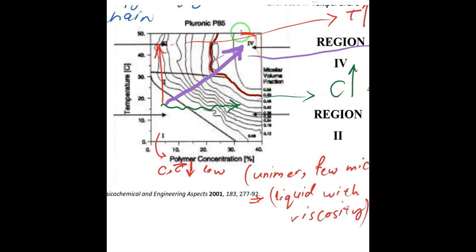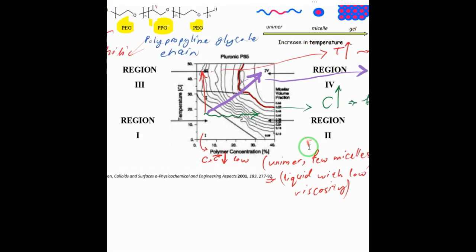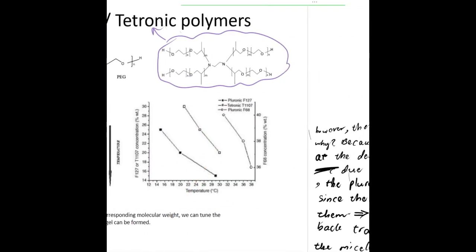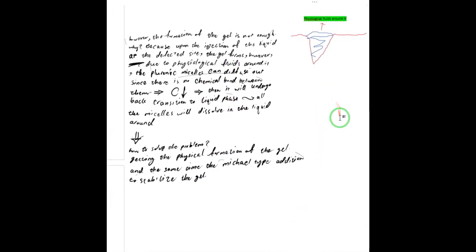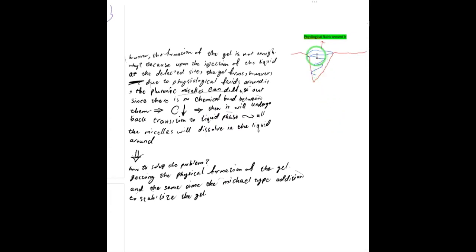So we want to stay in this region. Decreasing the concentration is something that we don't want to happen, but let me just come back again. But in this situation, when the polymers are just detached from our hydrogel and they diffuse into the fluid around it, you see that the concentration, this C, is decreasing.